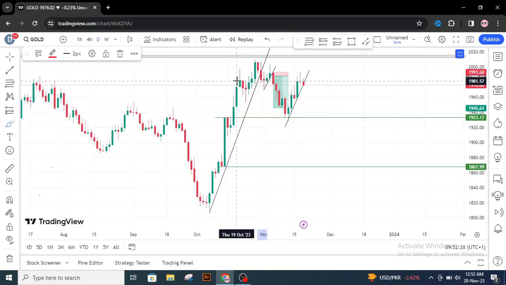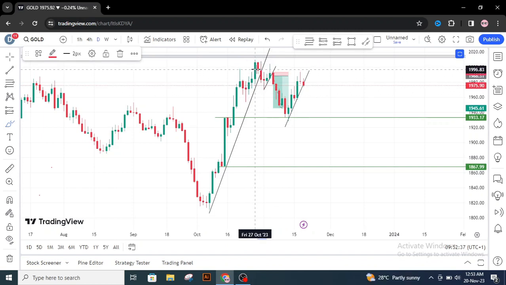If you see this pattern at the support level or resistance level, a resistance level rather, then you can be looking to short the market.